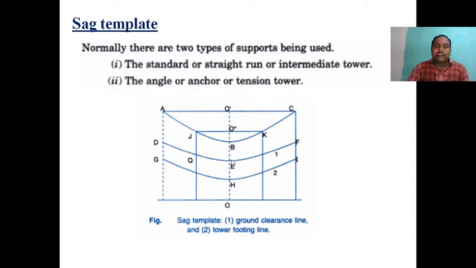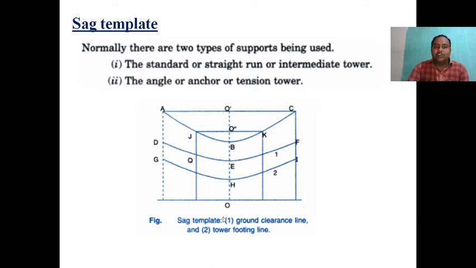Please observe the sag template. Before erecting the transmission line, you must draw the sag template on a page, in a book. Only after drawing the sag template do we erect the transmission lines.